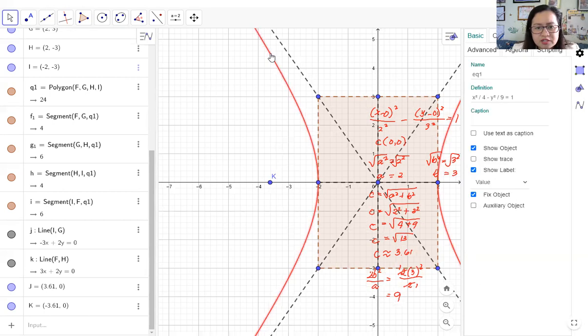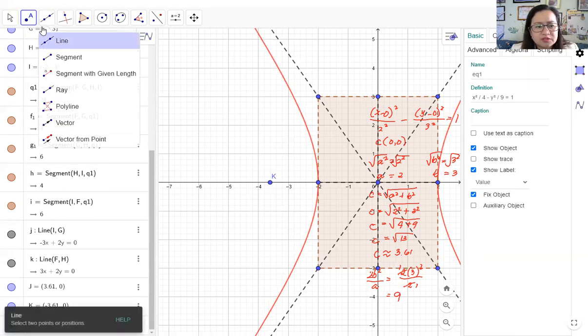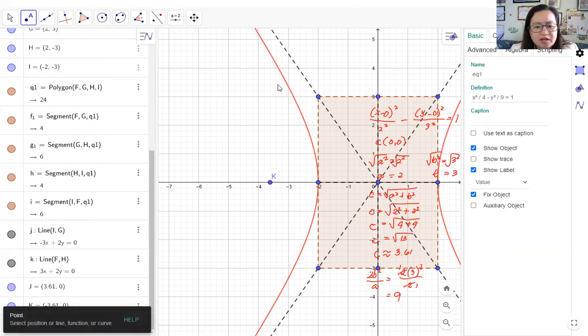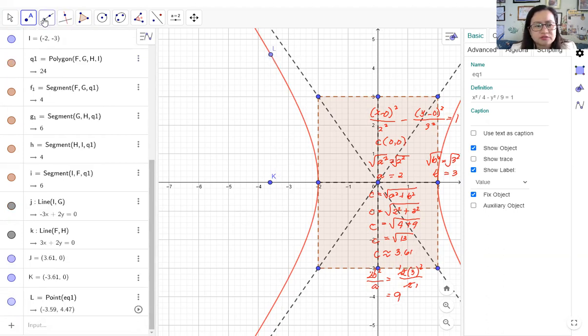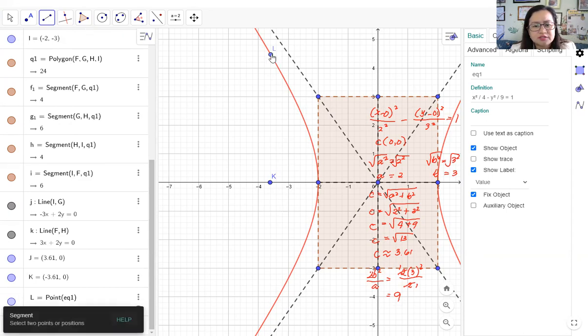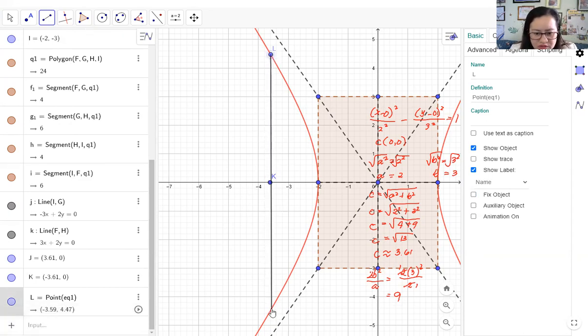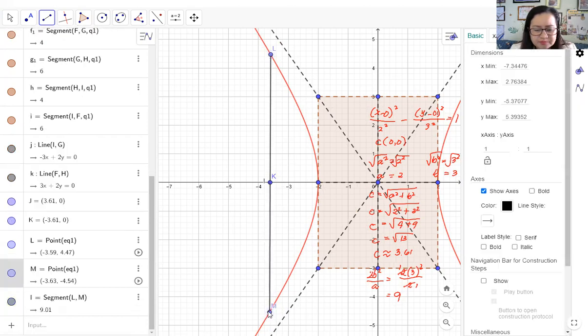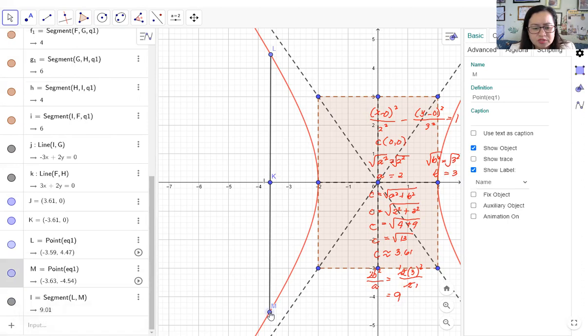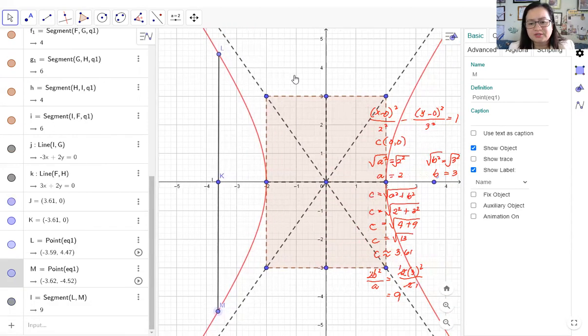Here, I will plot a point on the hyperbola, then connect that point to another point on the hyperbola. Since the length is 9.01, we need to adjust to make it 9. So let's form the other latus rectum.